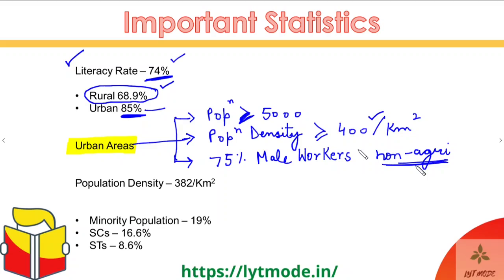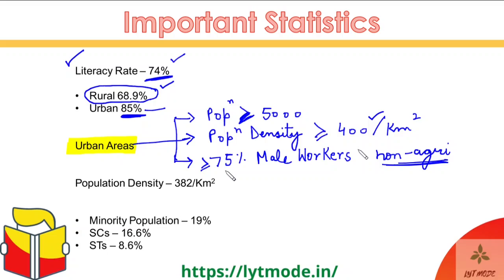Let me put a greater than or equal to sign over here: at least 75% of the male workers should not be employed in the agricultural sector. If 25% or more of the population is in the agricultural sector, then this area can never be called an urban area.